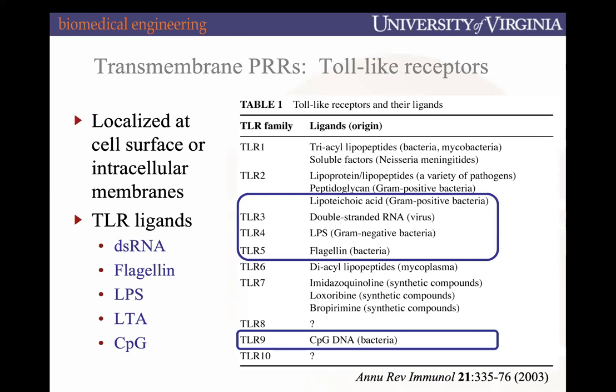CpG is just cytosine and guanine. Those are 2 of our nucleic acids. There are regions of the DNA that have a lot of cytosine guanine bases. And so those areas are called CpG islands. And so we'll talk shortly about why that would be an appropriate ligand or a molecular pattern for our immune cells to recognize.